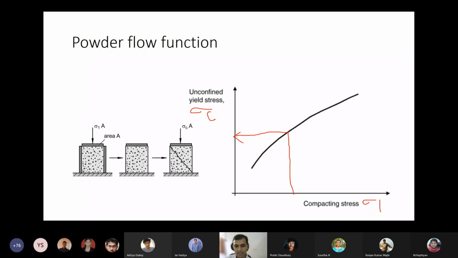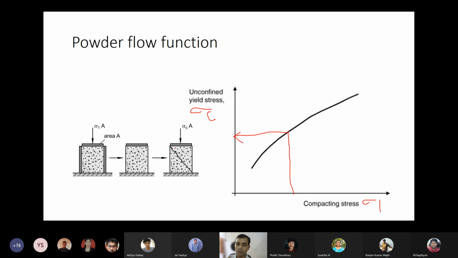We discussed last class that we put a powder in an enclosed area. We apply some initial stress, that is called compacting stress or consolidation stress. After that, we remove the enclosed area, like the cylinder. Then we apply pressure, keep increasing until we see there is some fracture.